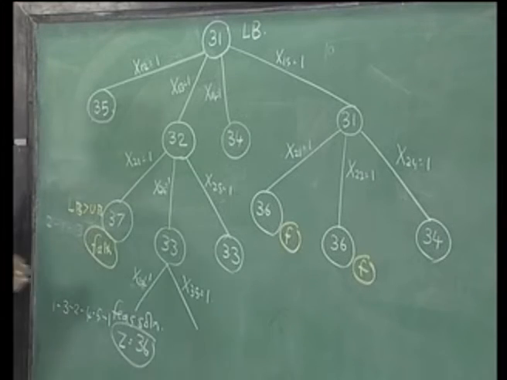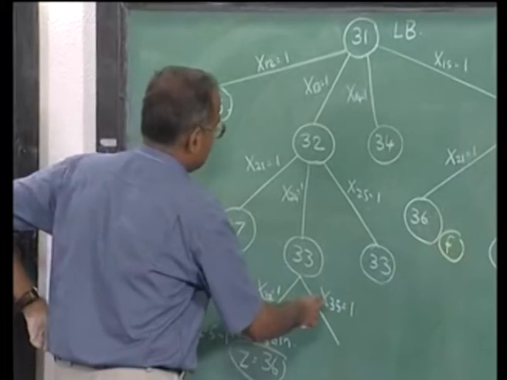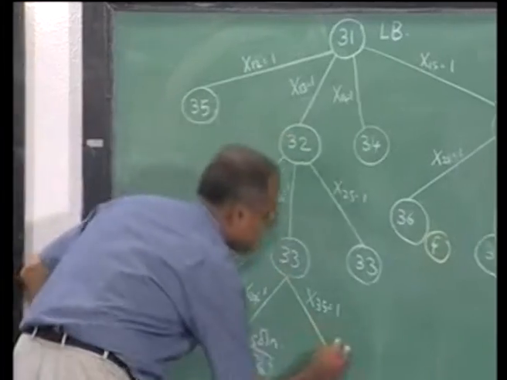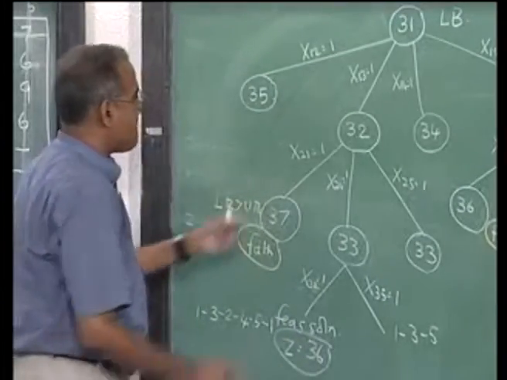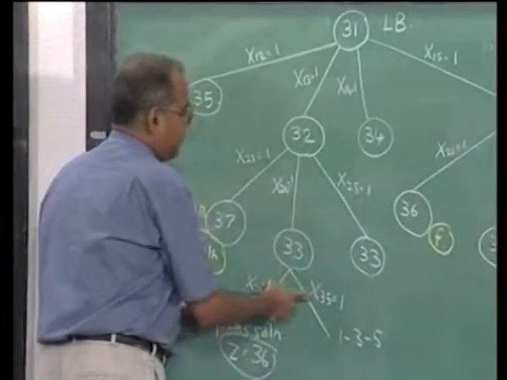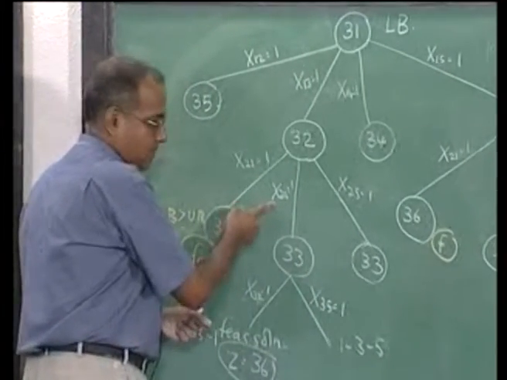Now, I go back to this one and see what feasible solution I will get. Now, this is 1 to 3, 3 to 5, and I have 2 to 4.